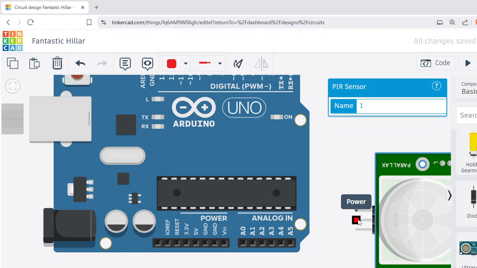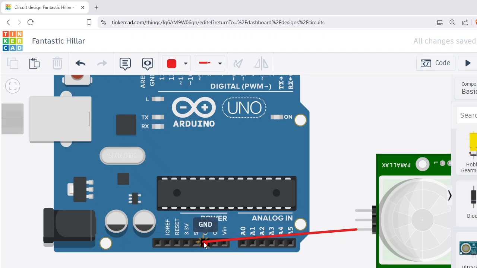One is a signal, one is power, one is ground. Ground you connect to the ground. Power you connect to power. Where do you connect the signal? Signal is connected to any of these analog pins.